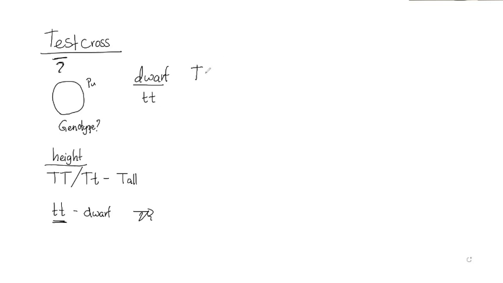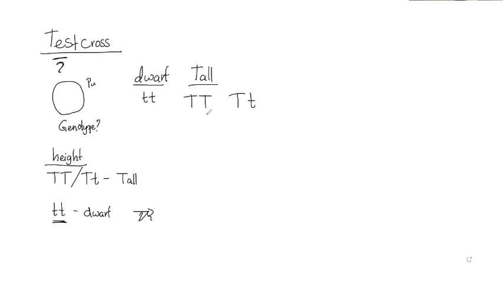But if the plant that was given to us is tall, then can you say exactly what the genotype is? It can be capital T capital T, but there is a chance that it can be capital T small t as well, right?